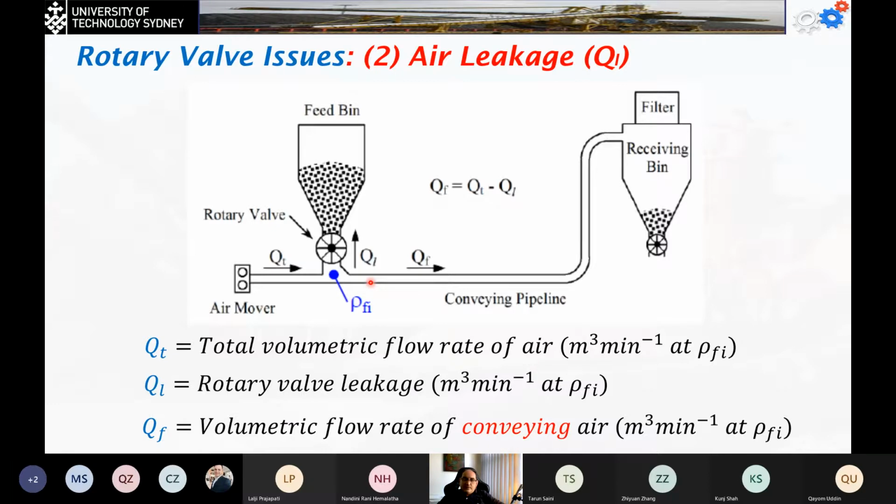That's why you saw earlier that we have the feedback. The feedback system is going to pressurize the tank a little bit, and thus is going to help the rotary valve to push the material to be mixed with the air instead of allowing any percentage of the air to go as the rotary valve leakage. And also we have the QM, which is the flow rate of the conveying air and the material.